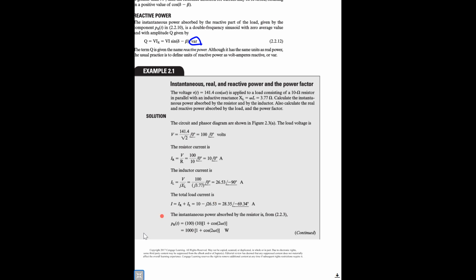Total load current will be I equal IR plus IL. IR is 10 with 0 angle or 10, and IL is 26.53 with minus 90. And I is the current in the network, the summation of the current in the inductor and also in the resistor.